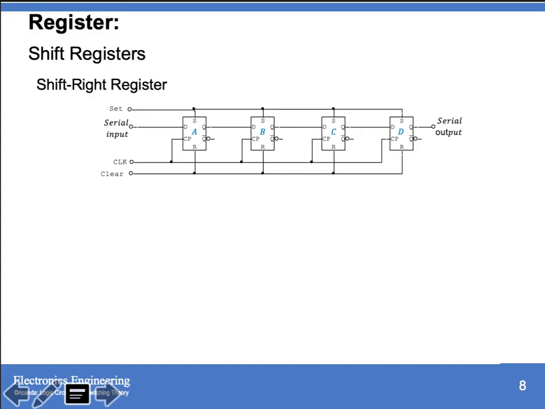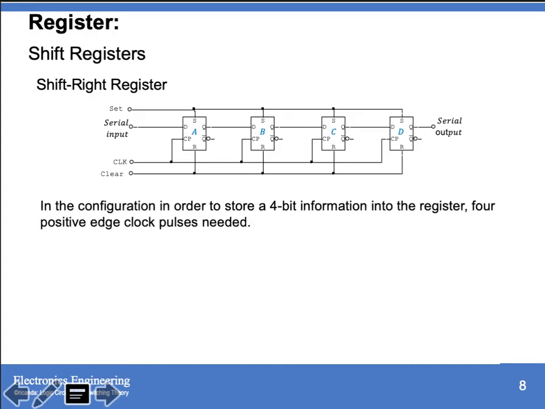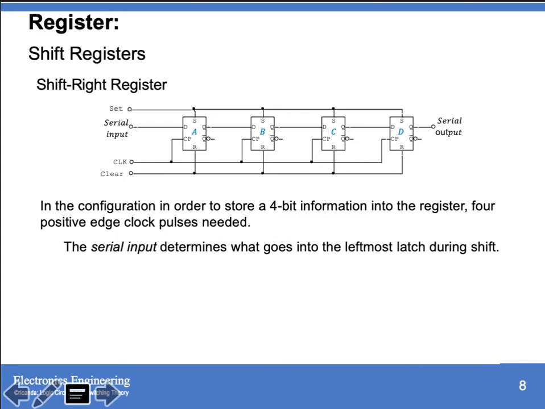In this configuration, in order to store 4-bit binary information into the register, we need 4 positive edge clock pulses. The serial input will determine what goes into the leftmost latch during shifting, and the serial output is taken from the output of the rightmost latch.